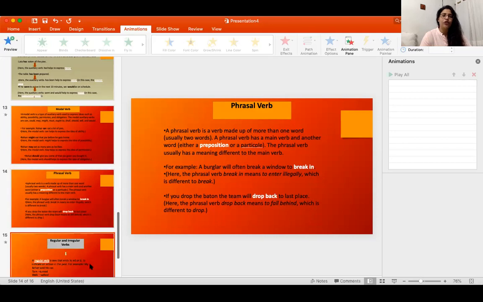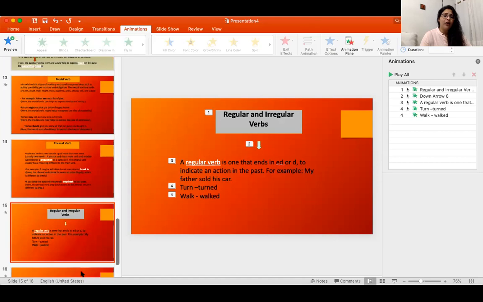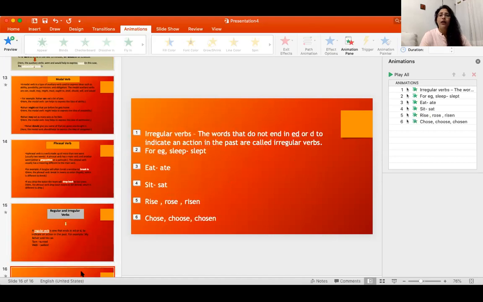Then come regular and irregular verbs. Regular verbs are where your verb ends with ed or d. Irregular verbs are where your verb does not end with ed or d. It is simply written differently, like sleep, slept.